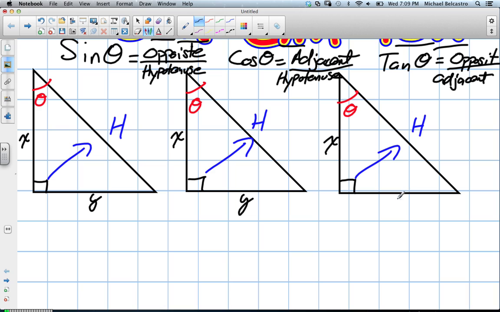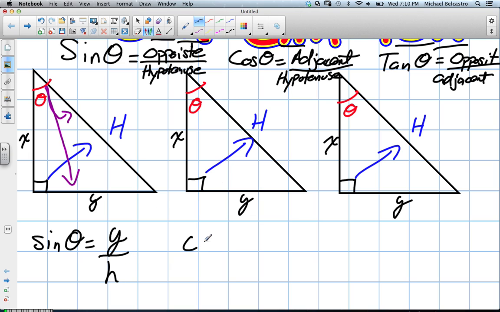Hypotenuse will just be known as H. For sine, which will be our first guy, sine theta, we said is equal to the opposite. Well, the opposite of this angle is the Y, divided by the hypotenuse, which in our case we're calling H. So in this case, sine theta is Y divided by H.